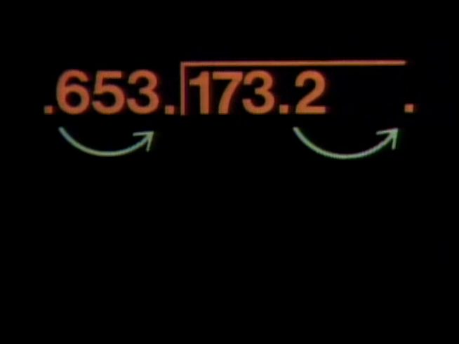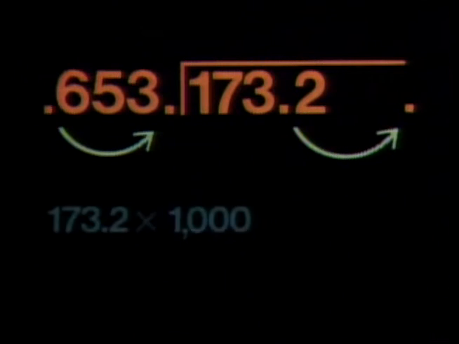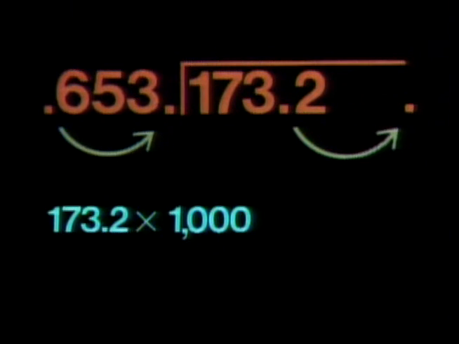But we can handle it. Just remember, the idea behind moving the decimal point is multiplying by some power of 10. In this case, it's 10 to the 3rd power, or 1,000. Well, what happens if we multiply 173.2 by 1,000?